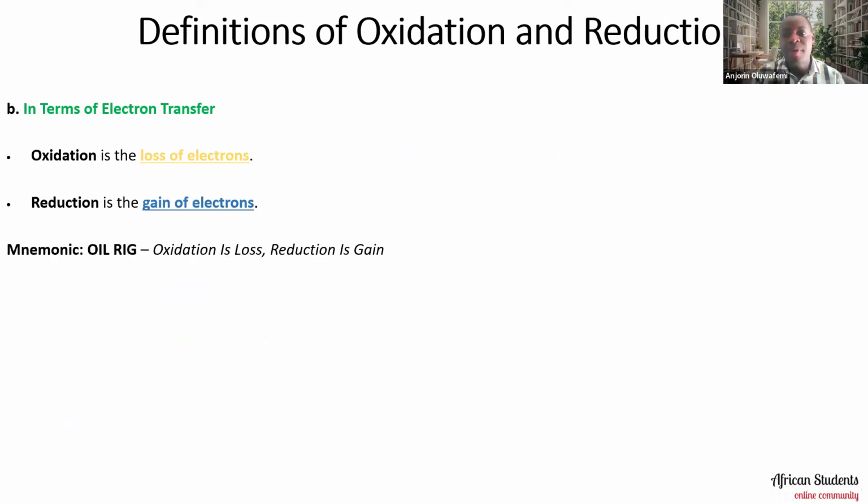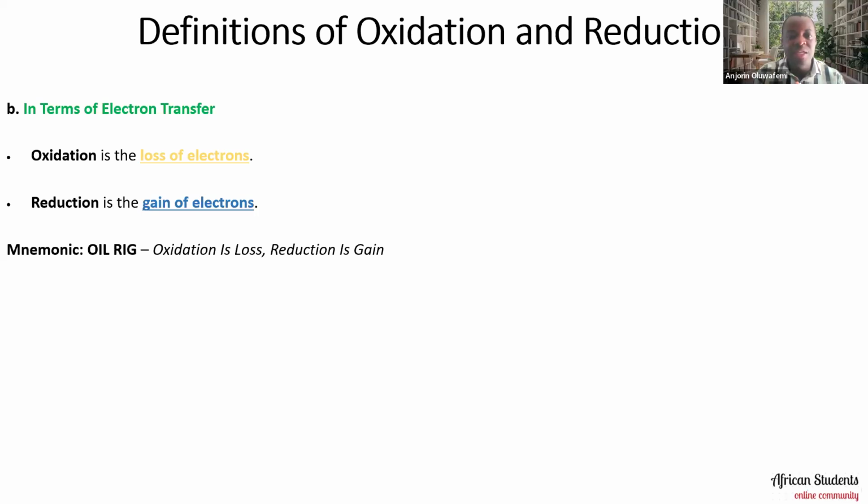Now, there's a particular mnemonic that is very useful. I used it while I was in school, and I think it's very simple. It helps us understand this concept perfectly. The mnemonic is OIL RIG, and Nigeria is blessed with oil, so we can easily relate. OIL RIG: oxidation is loss, that represents oil.